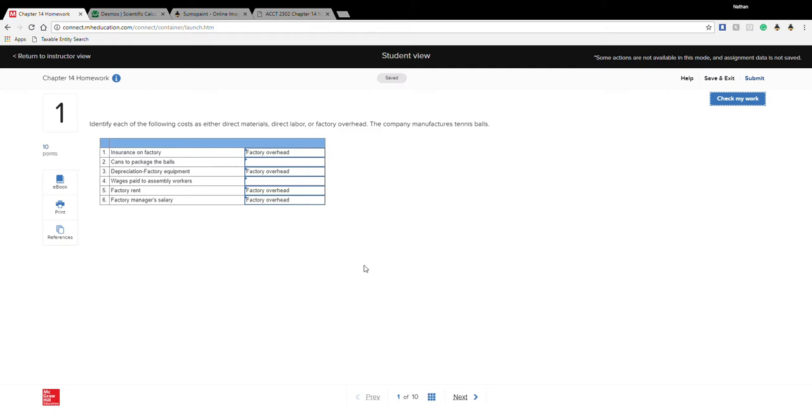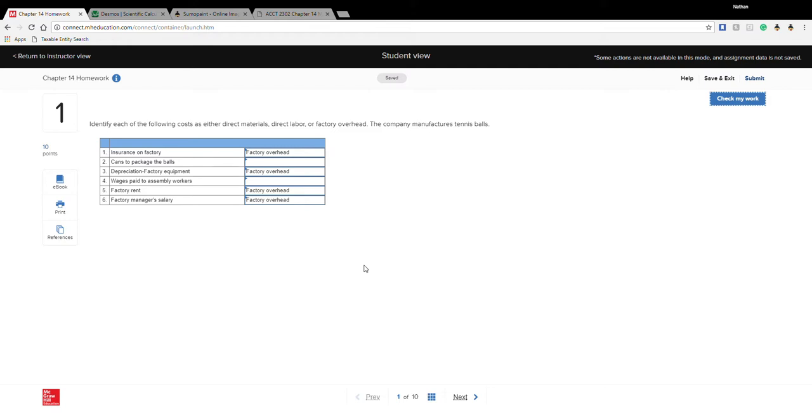Now, we have two more right here. We have cans to package the balls, which of course has to be direct materials, because if you picture any kind of tennis balls in any sports place, they usually are packed in a can or something.